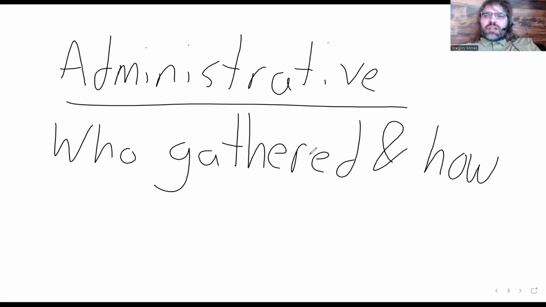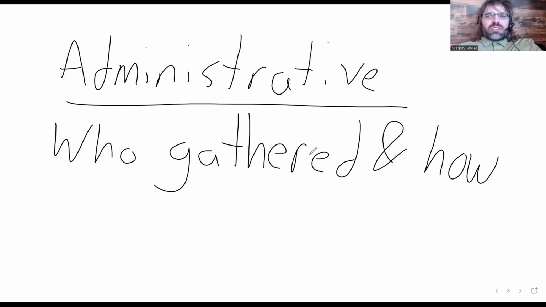And then there's administrative metadata. Administrative metadata overlaps heavily with the concept of data governance and provenance. It's asking, where does this data come from? Who gathered it? How did they gather it? How reliable is the data? You know, questions like that.